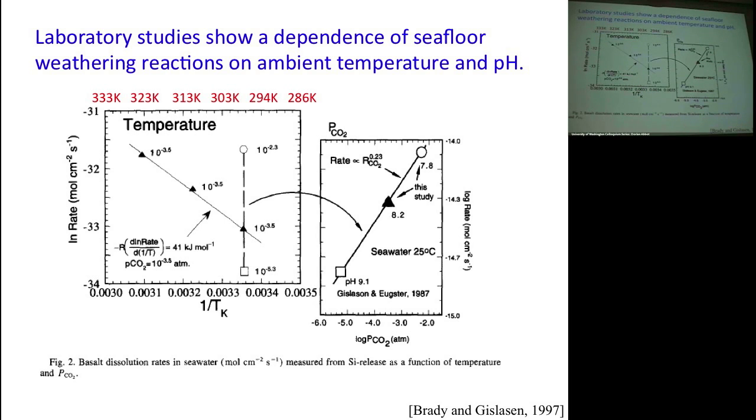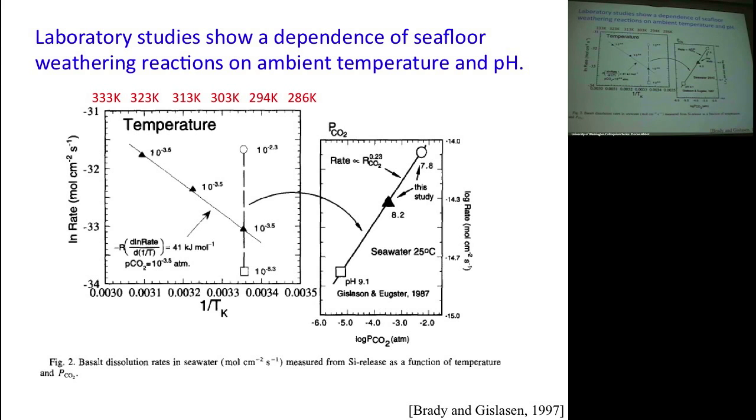And even more so, the surface temperature is a lot different from the temperature that these reactions feel. Most of these reactions at the seafloor are happening maybe 500 meters to a kilometer down into the basalt at 20 to 40 Celsius.